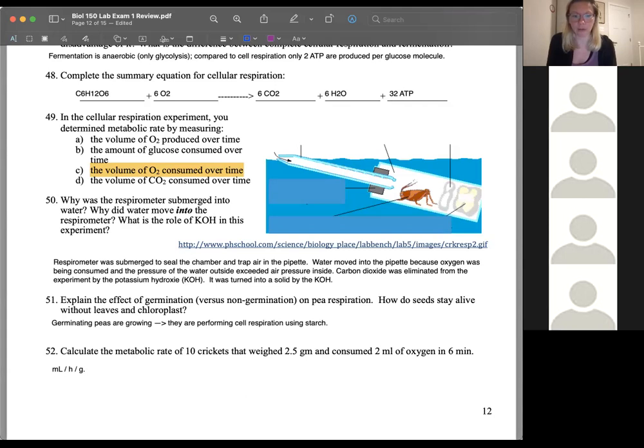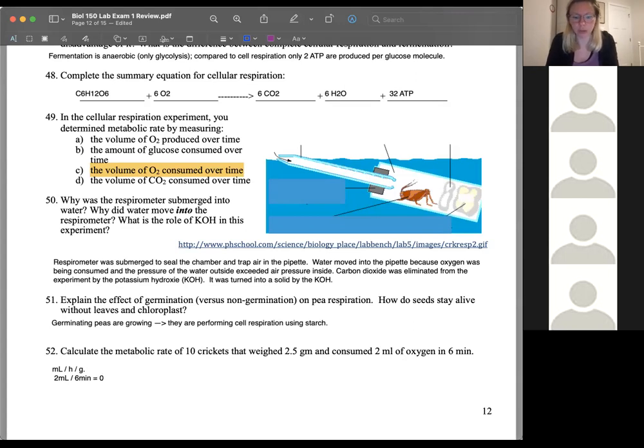Okay, so first we have to take the 6 minutes and convert it into hours, right? So we know these crickets consumed 2 mils in 6 minutes. So Liswa has already calculated that out for us.